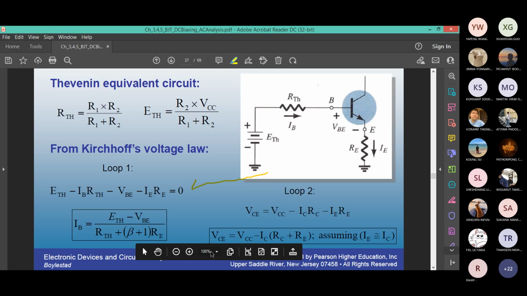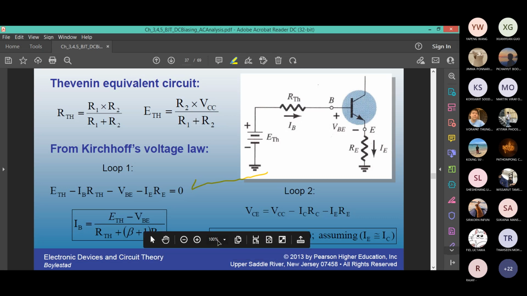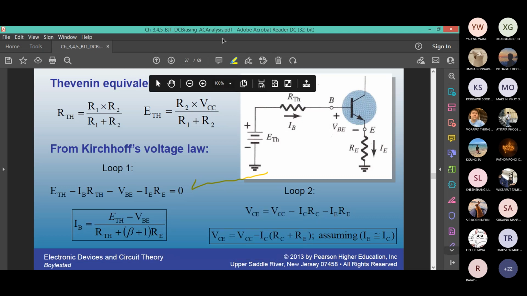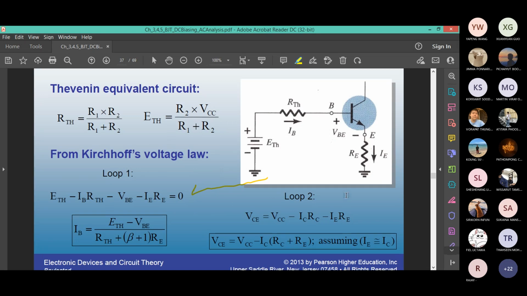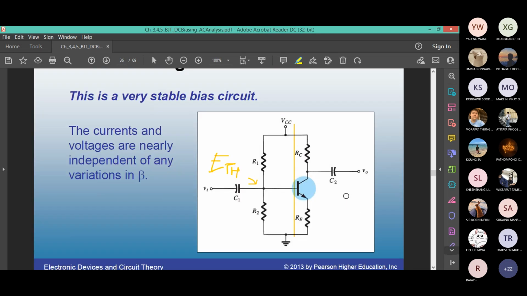Also, the equation is given where? On the formula sheet that you will get during the exam. What about the outer loop? Let's go to the outer loop. When the current is flowing, VCC minus IC RC minus VCE, because there's a C to E drop, minus IE RE equals 0.